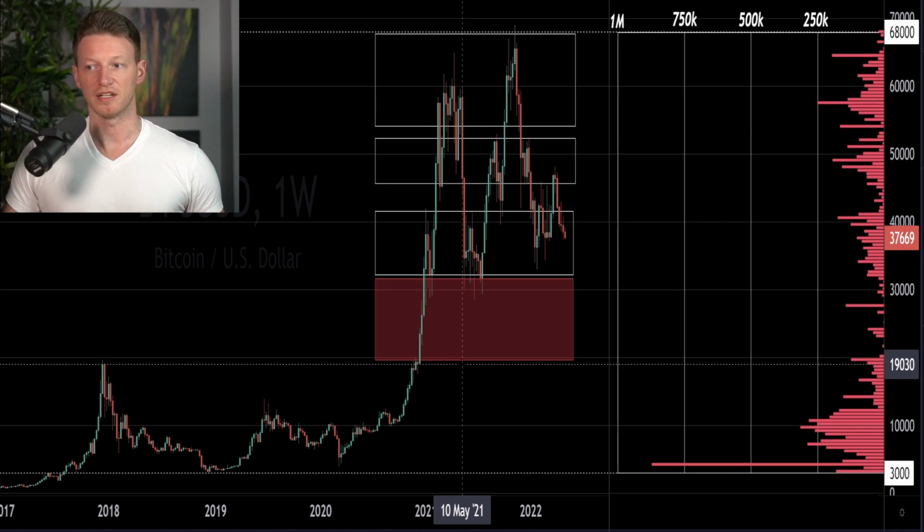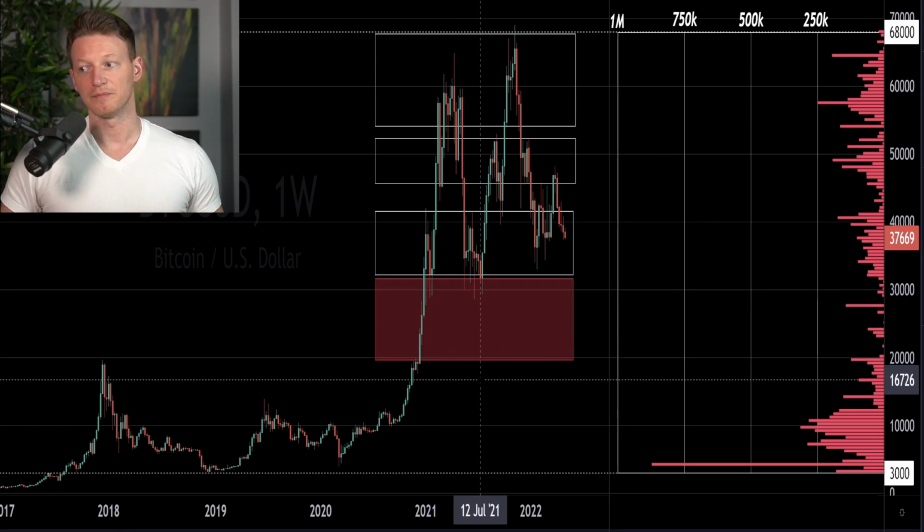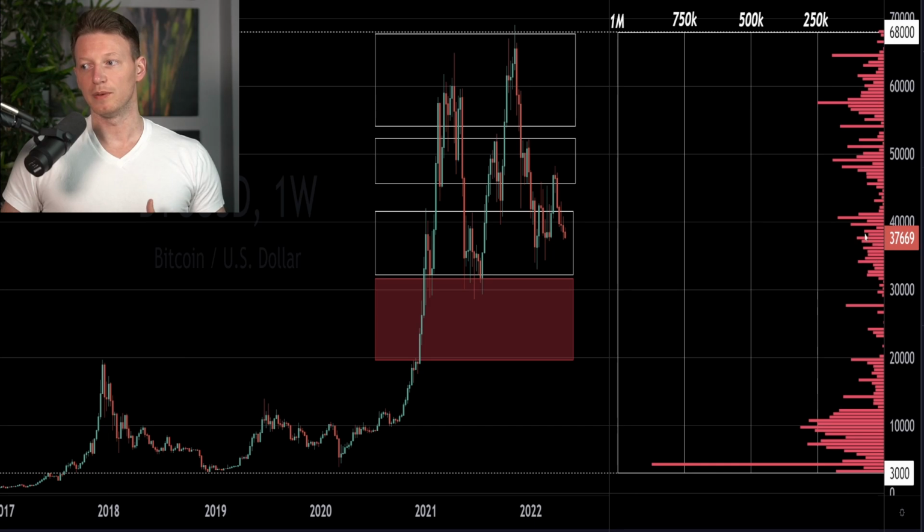You have to remember that fear and panic are contagious. When things start getting really ugly, and if the general market is very ugly, you can see that we don't have a ton of support below us.